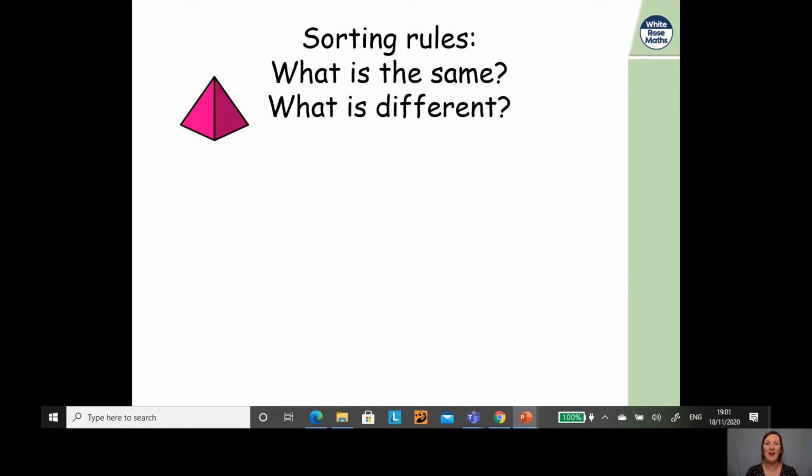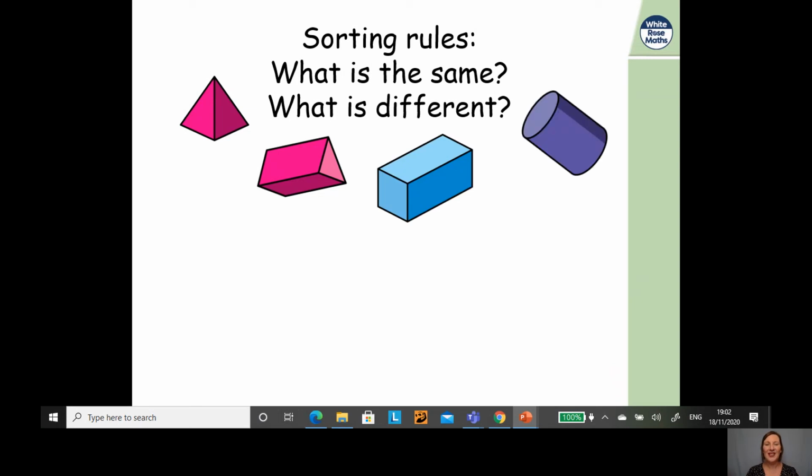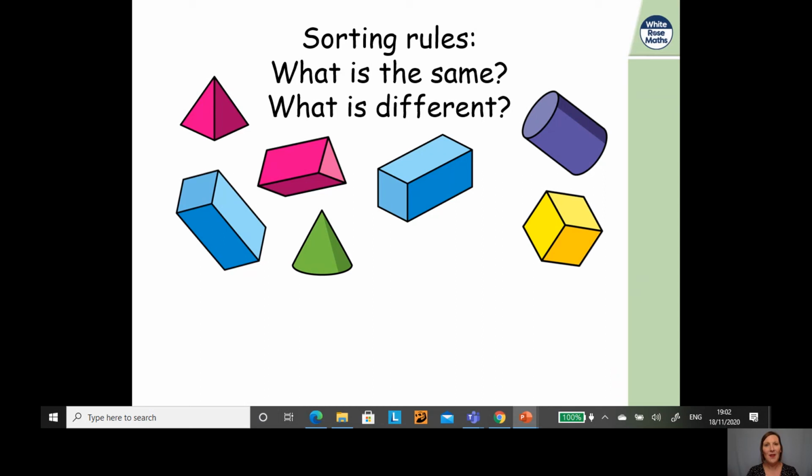That's right, it was a pyramid. And can you remember the name of this one? I'm not sure if we looked at this one yesterday. This is a triangular prism. Here's a cuboid, cylinder, a cone, that's right. Do you remember this one? Yes, that's it. It was a cube, sorry.